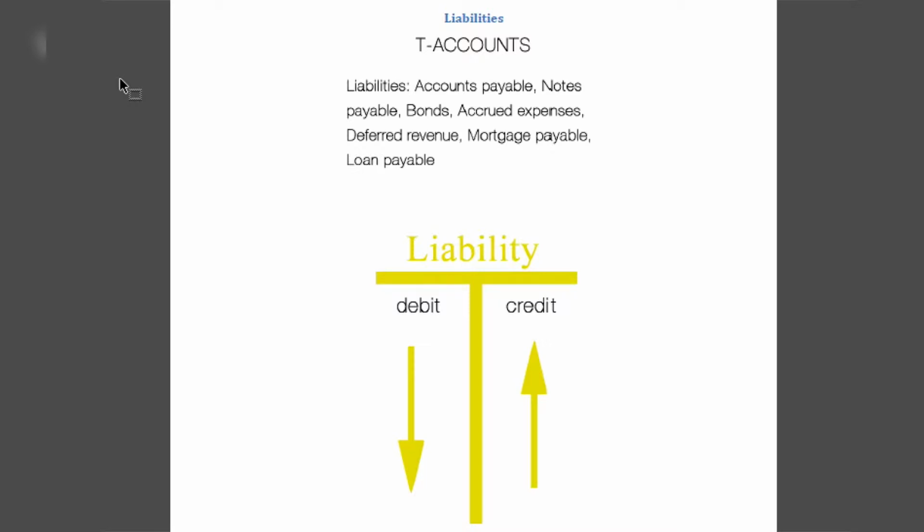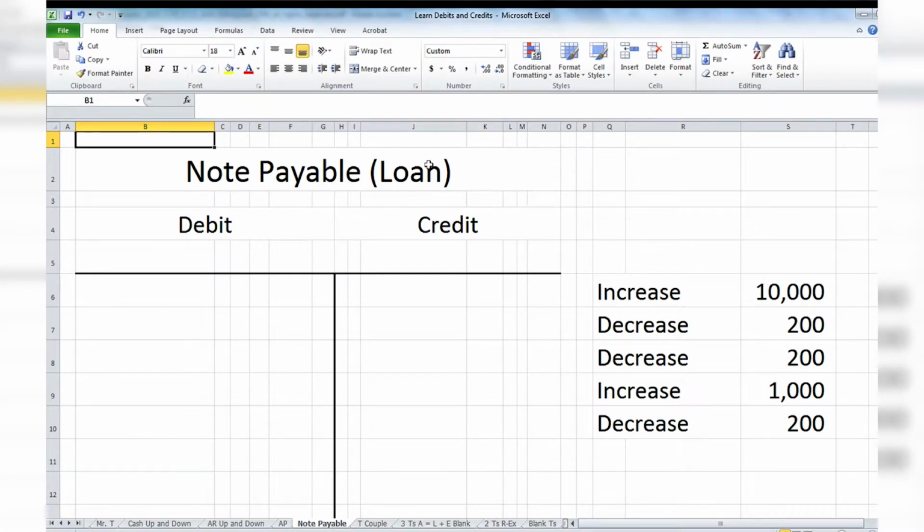Liabilities increase with a credit and decrease with a debit. We're going to show you how that works.